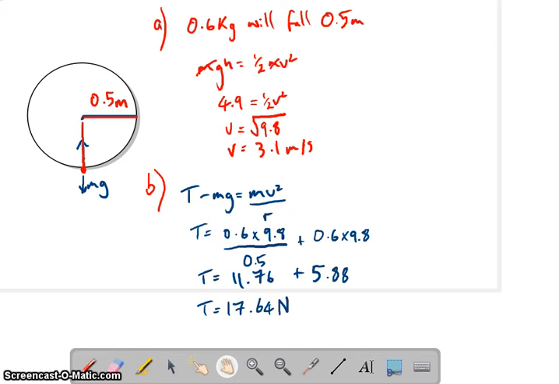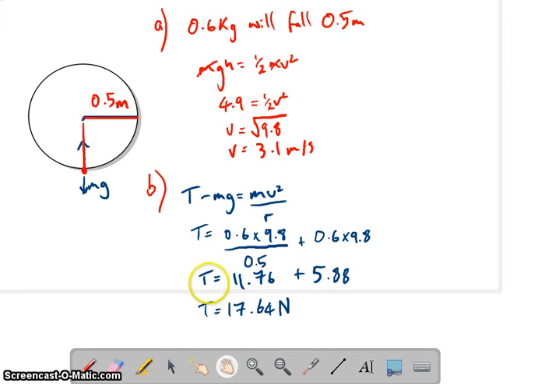So either way you look at it, this equation is the same. So using the idea and the equation for centripetal force, it's easy to find T. Here's mg, here's the centripetal force, and so those two values give us a final answer of 17.64. So that's a nice simple example, and we'll move on to a slightly more complicated example.